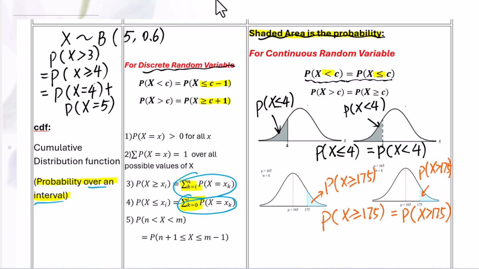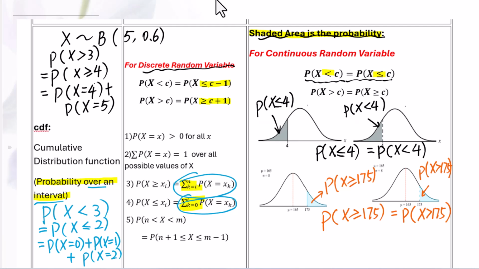If we want to look for the probability of x less than 3, it equals the probability of x less than or equal to 2, which equals the probability of x equals 0 plus the probability of x equals 1 plus the probability of x equals 2.